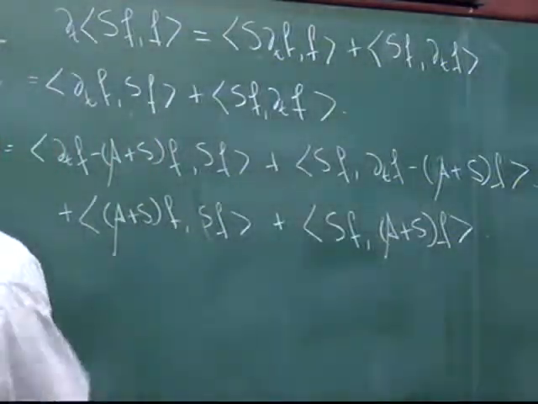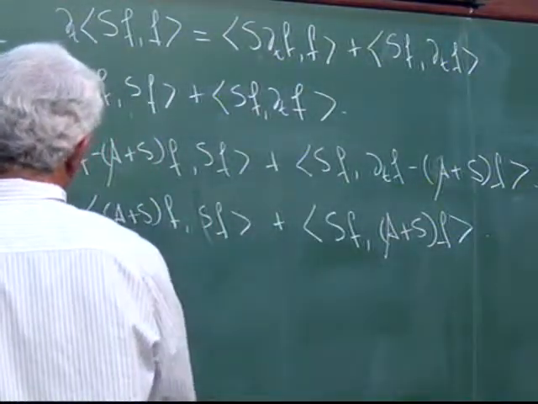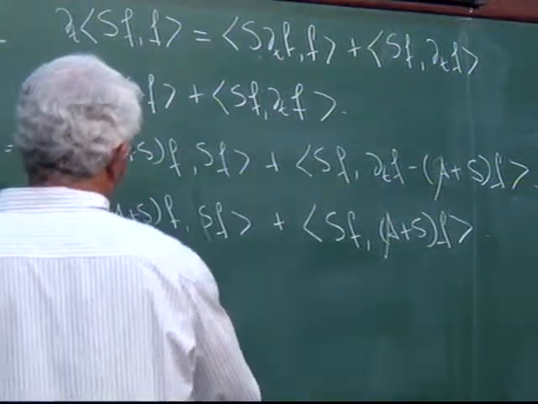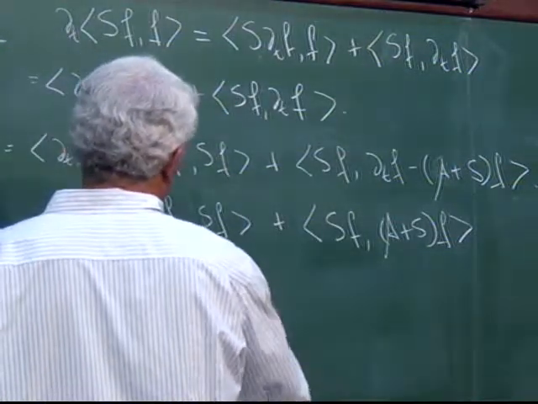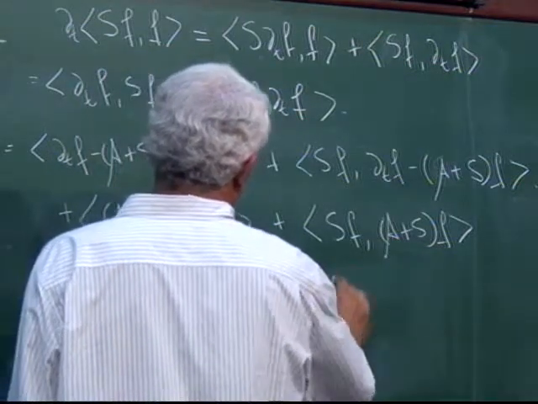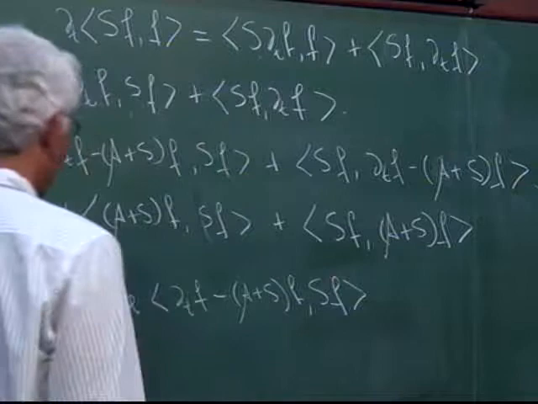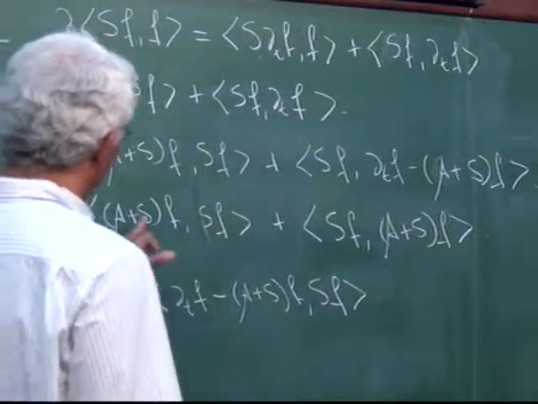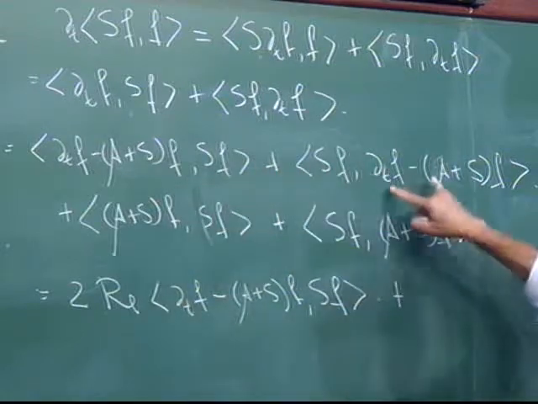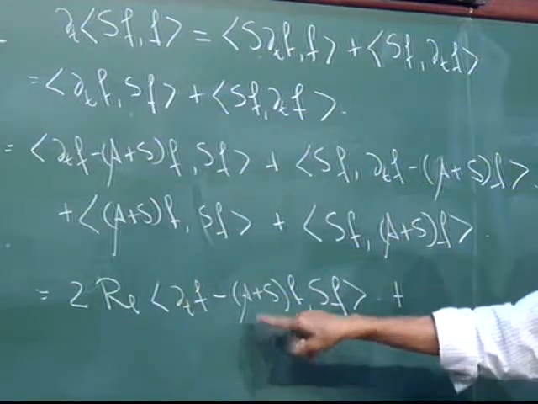Okay, the first part is twice the real part of this quantity. What is the second part? The second part, you have this expression and its conjugate, then you take the real part.